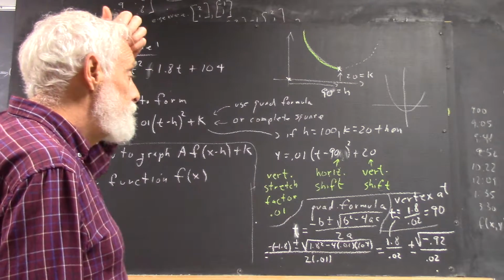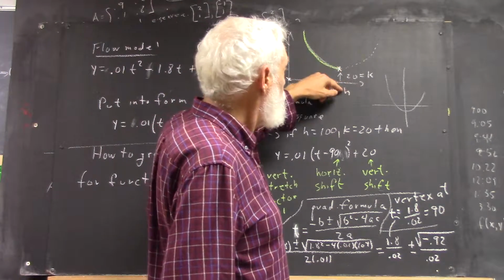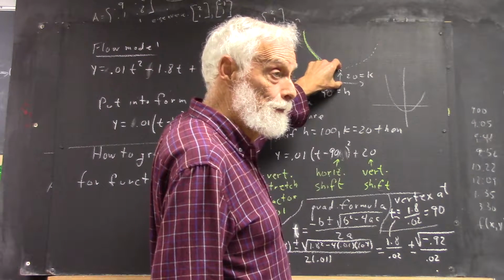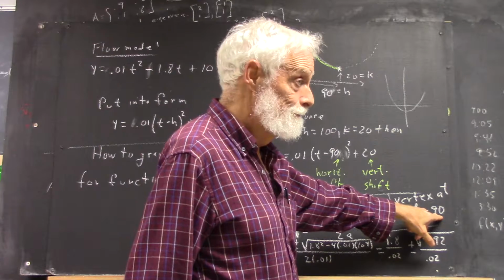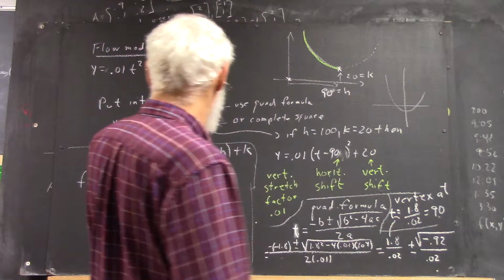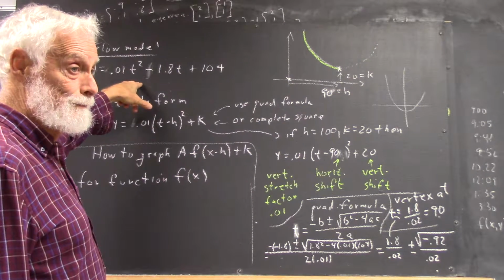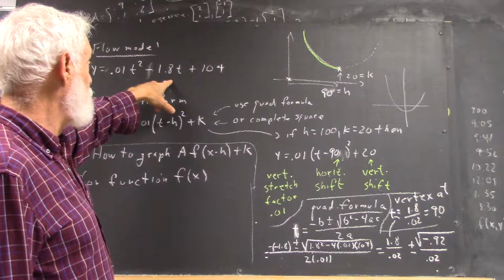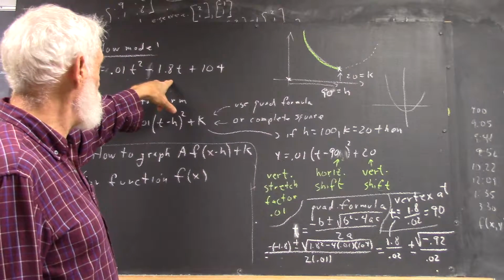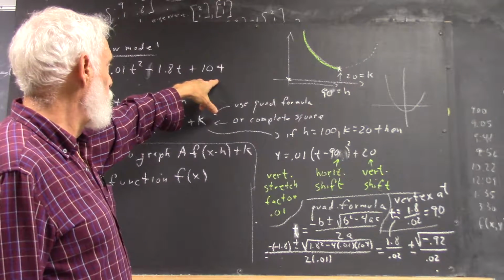Then, well, it's really not going to be up 20. How do we find out how far up it is? Well, we just plug 90 in to this. Okay, let's say that's 8100, so that's 81. 90 times 1.8 is 162, negative 72, and 104 is 32.